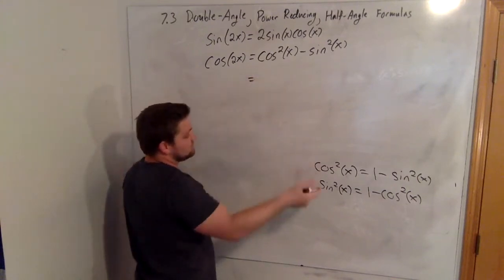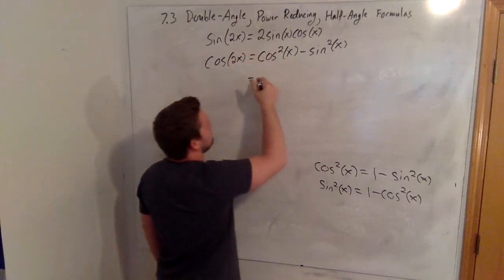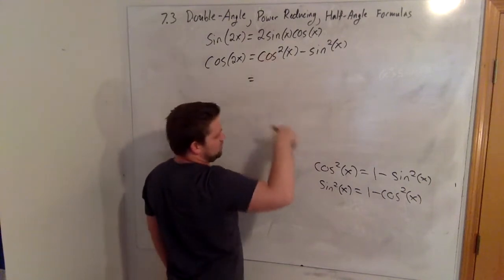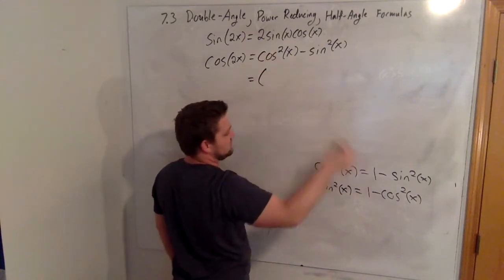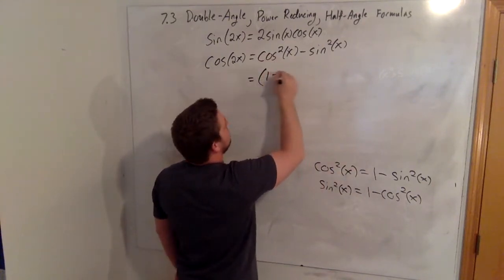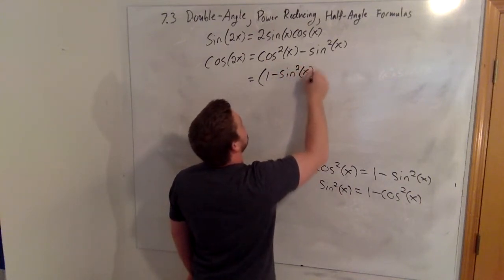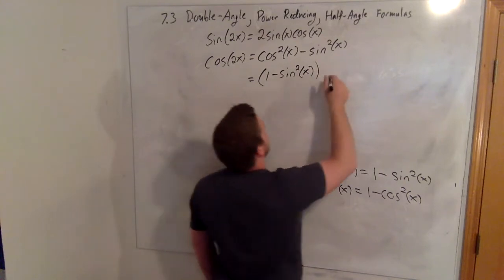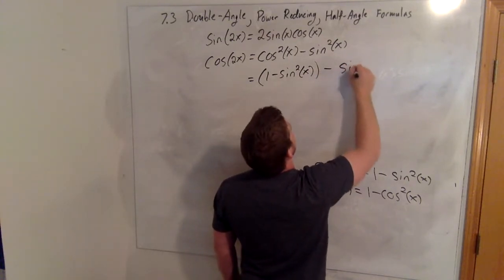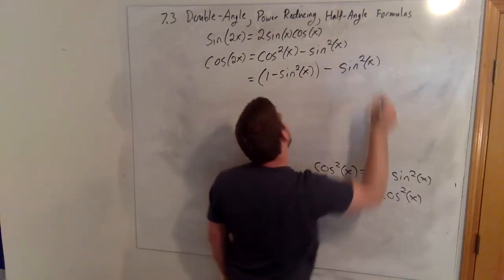How about we replace cosine squared first? So this would be the same thing as 1 minus sine squared of x, just replacing cosine squared with 1 minus sine squared, minus a sine squared of x.